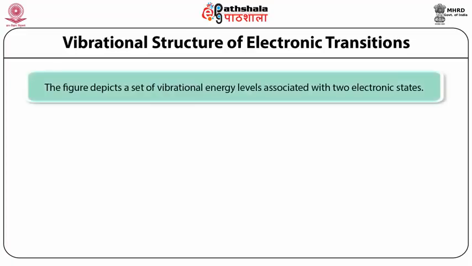Conclusively, in case of diatomic molecules, S, sigma, lambda and omega adequately represent the quantized electronic angular momentum. In an isolated molecule, however, the total angular momentum is due to vectorial coupling of nuclear angular momentum I, electronic spin angular momentum S, and electronic orbital angular momentum L. The figure also depicts a set of vibrational energy levels associated with two electronic states.